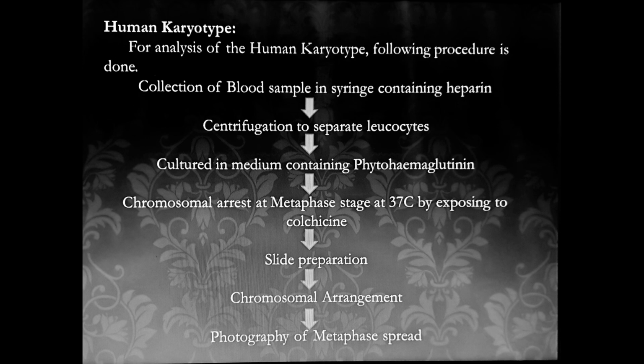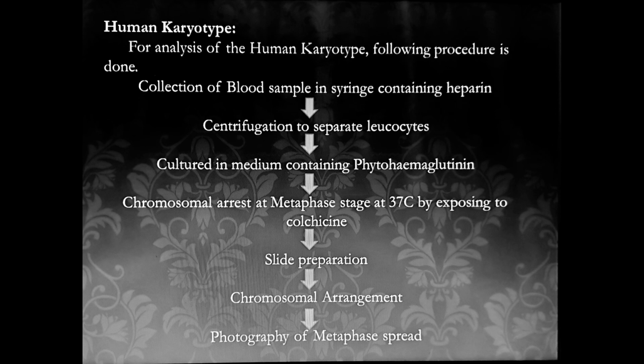So the syringe is filled with heparin, blood is collected in that and it is put to centrifuge. By centrifugation it separates leukocytes. After centrifugation is done and leukocytes are separated, they are cultured in a medium containing phytohemagglutinin.